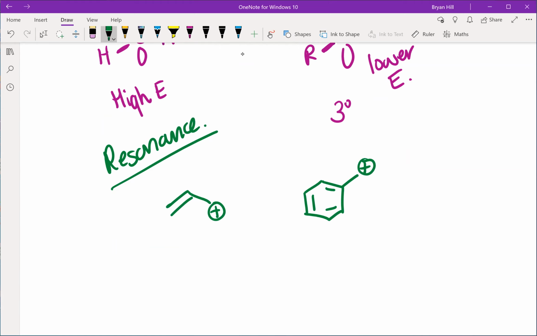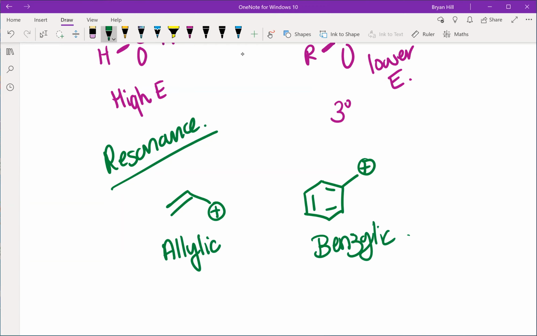The carbon beside a double bond has got a special name. It is the blank carbon. It starts with A and rhymes with allylic. So that's allylic, and this would be the benzylic.